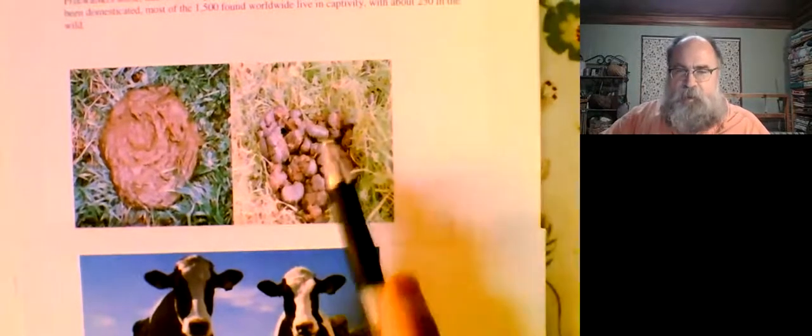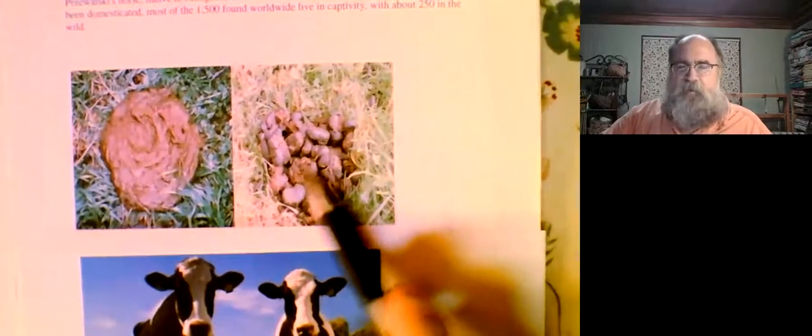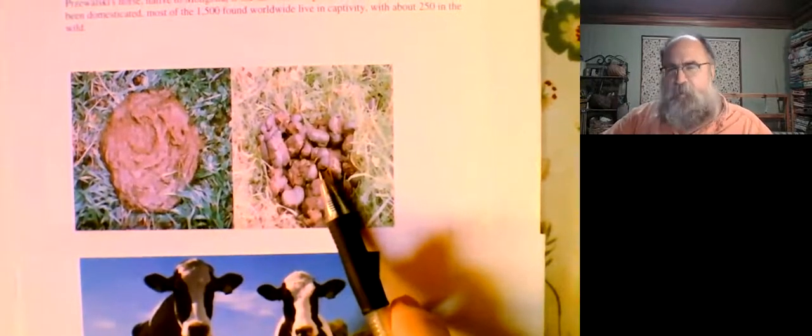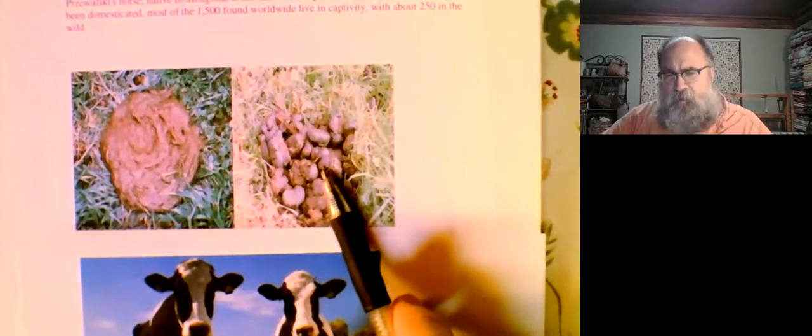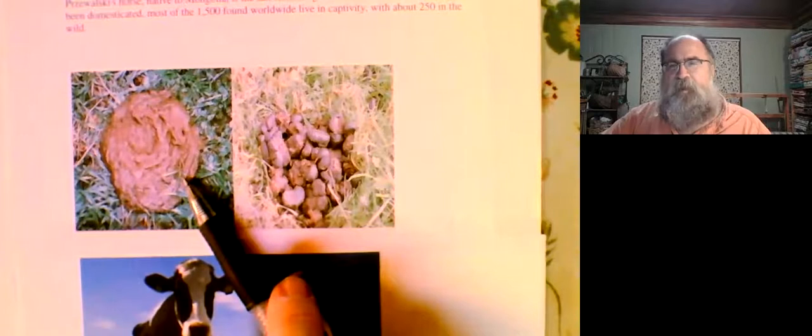And so we take a look at the horse and, well, you can always see little sticks and straw sticking out of it. These guys, they use the hind gut to absorb most of their food, and they don't do it very efficiently. Whereas you look at the cow over here, and they have a really efficient digestive system.